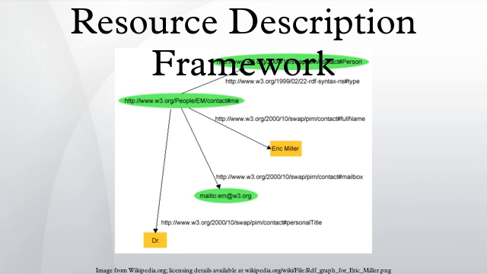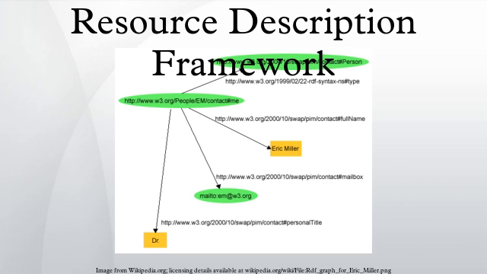RDFS subClassOf: the subject is a subclass of a class. RDFS subPropertyOf: the subject is a subproperty of a property. RDFS domain: a domain of the subject property. RDFS range: a range of the subject property. RDFS label: a human-readable name for the subject.